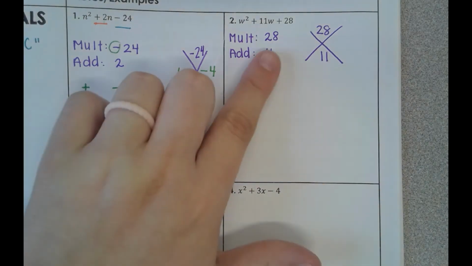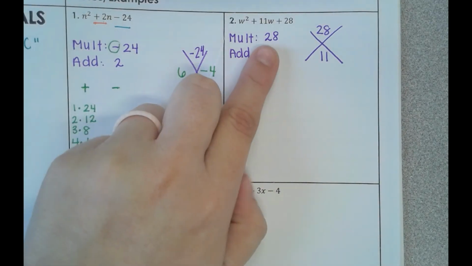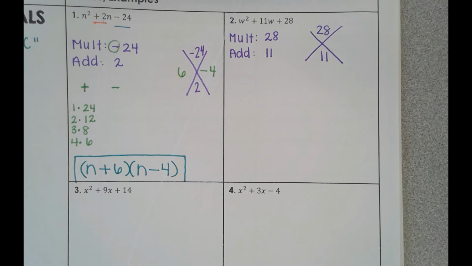Because we're multiplying to be a positive number, both of our numbers have to be either both positive or both negative. And Robert told me what he thought it was. He thought it is 7 and 4. So you might want to check that.